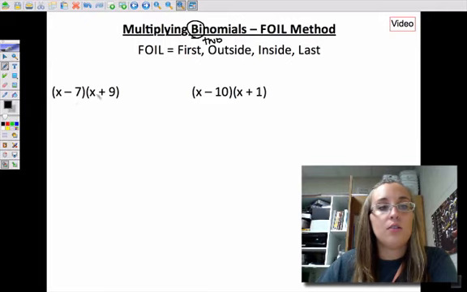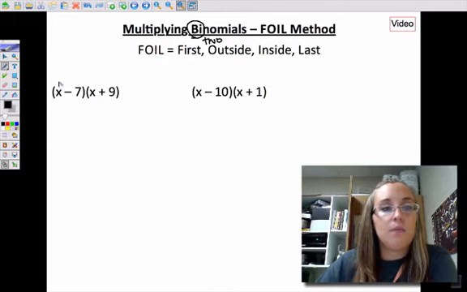So we've got 2 binomials, and really I'm going to do FOIL, which is really distributive property. So I'm going to take the first term times the first term, that's the f. Okay, so x times x, plus I'm going to take the outside terms, so the ones that are on the outside. So that would be x and 9 are my outside.